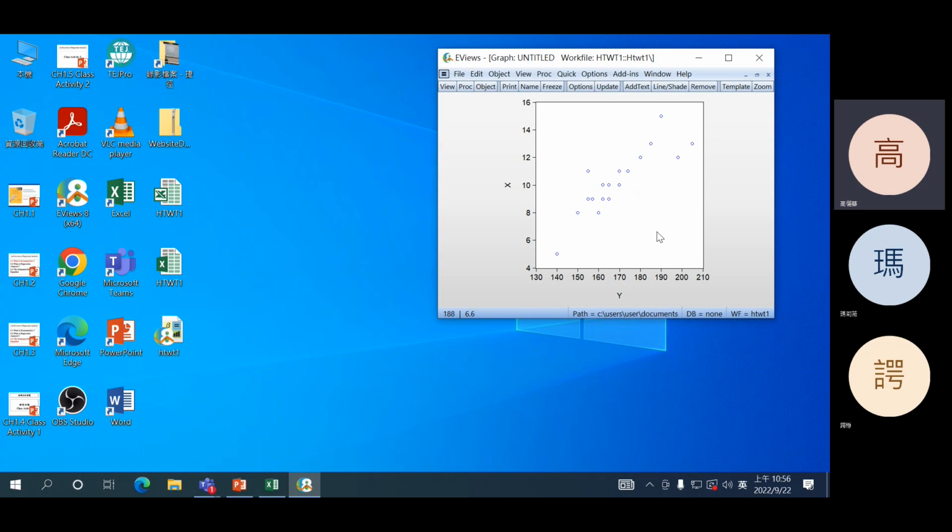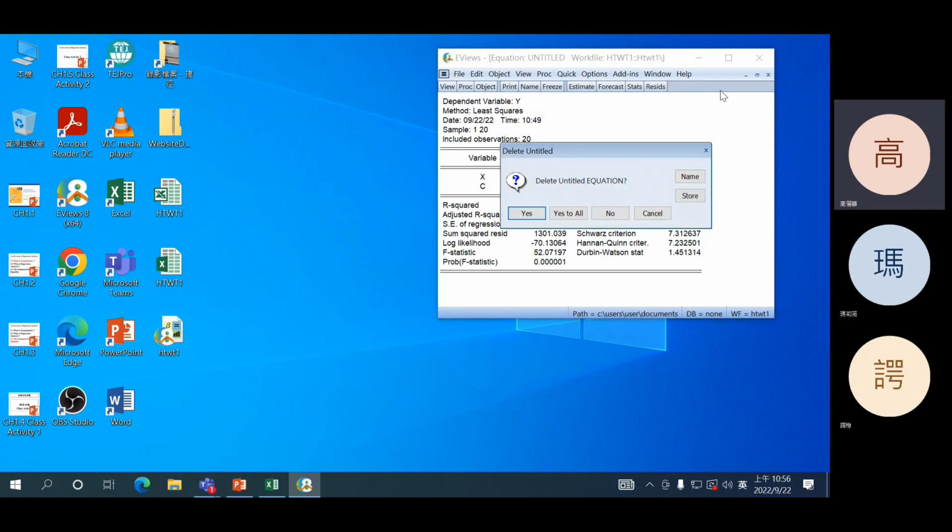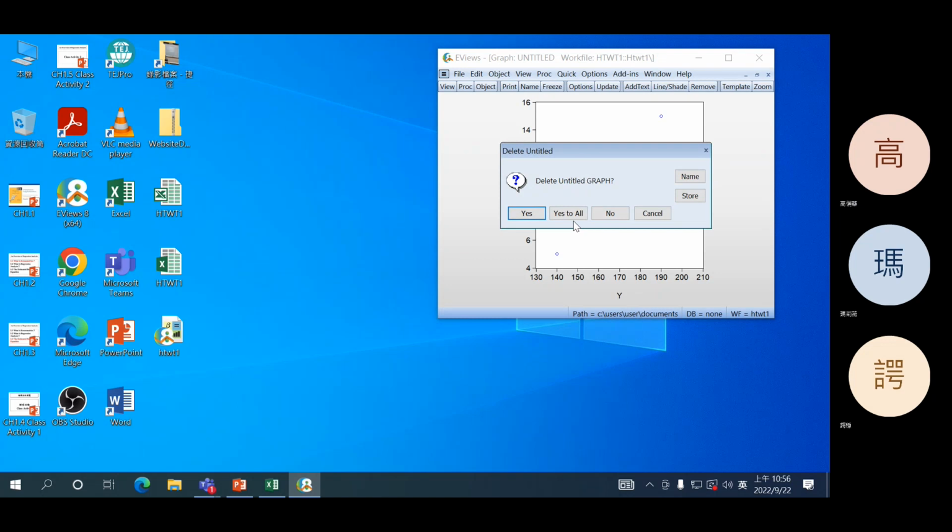Where is the diagram with the equations? Where can I see that? Oh, let me see, view, graph. It's not this one. No. Delete graph, yes.